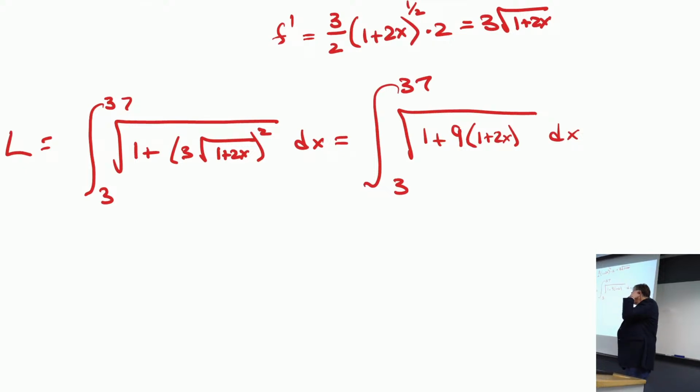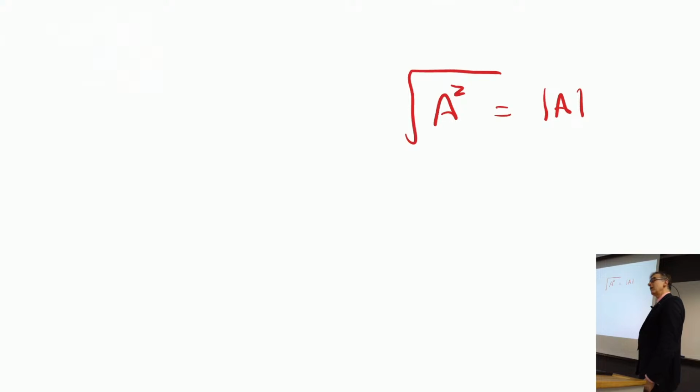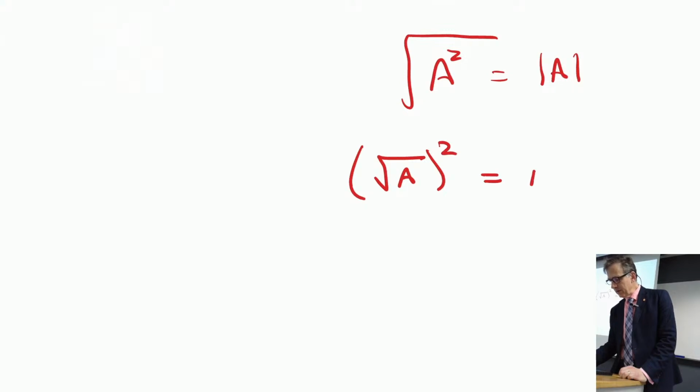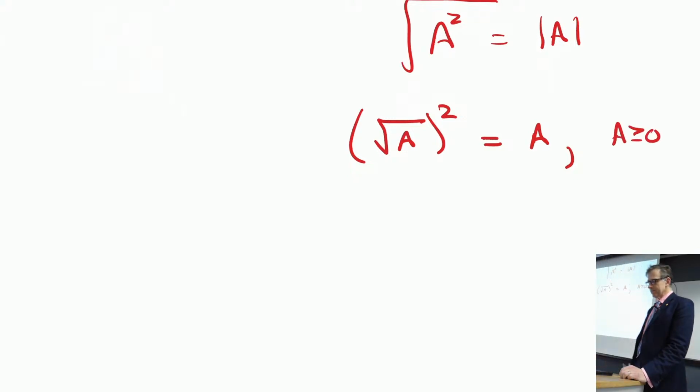And by the way, just a quick note. Since this seems to be popping up pretty often, if you have something and you square it, then you do the square root, you get the absolute value of that thing. However, if you have the square root of something and you square it, you get that, but the issue here is that a has to be bigger than or equal to 0.